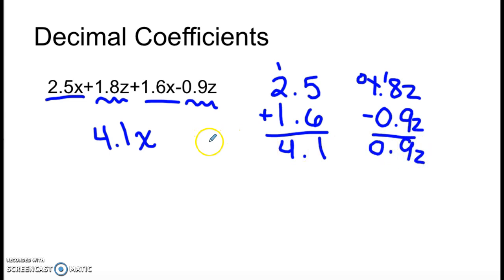Okay, so we have 0.9z, and we have positive because 1.8 is greater than 0.9. So 2.5x plus 1.8z plus 1.6x minus 0.9z simplifies to 4.1x plus 0.9z.